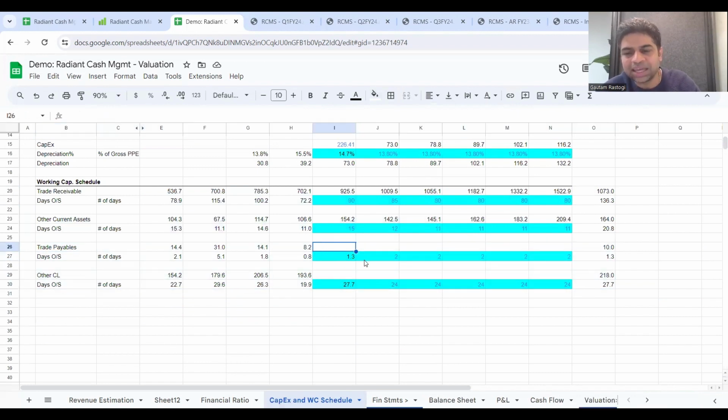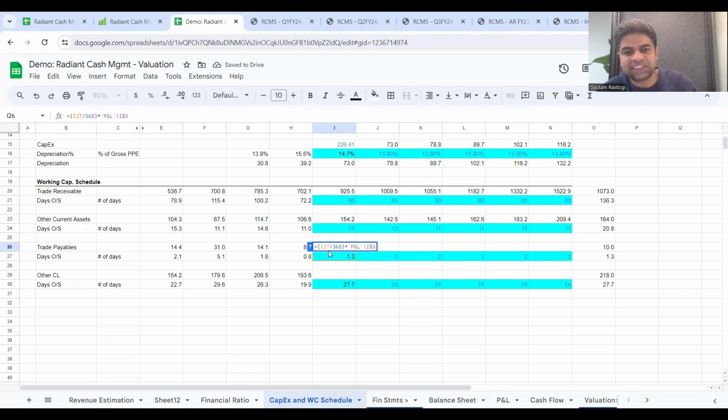Trade payables, इनके hardly कुछ payables हैं, hardly. तो मैं assume किया है कि 1.3 is the same as what they had in the 9 months of FY24, and it will increase slightly to 2. So it's hardly anything. So in fact, if I just use this formula, तो अपने आप आ जाएगा.